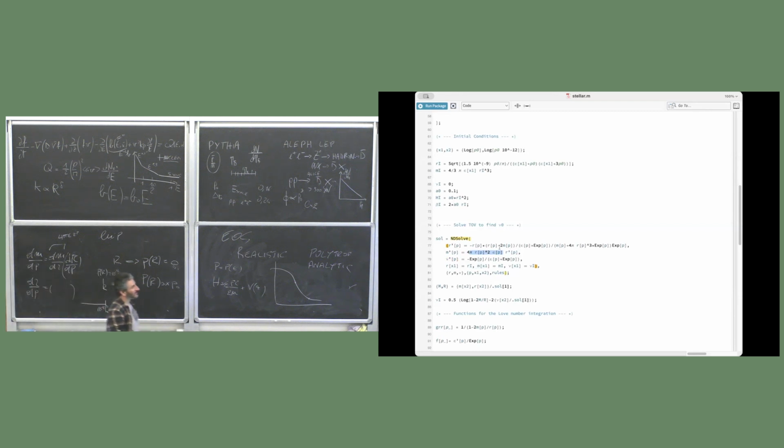This looks a very complex thing, but it's nothing more than R prime on the first line, the inverse of the second TOV equation that we have shown yesterday. Because instead of computing dp in dr, I'm solving for dr in dp. Just a smart way to integrate stellar equations.